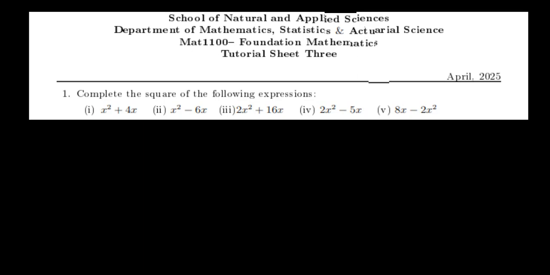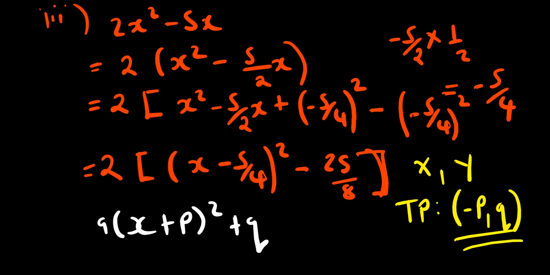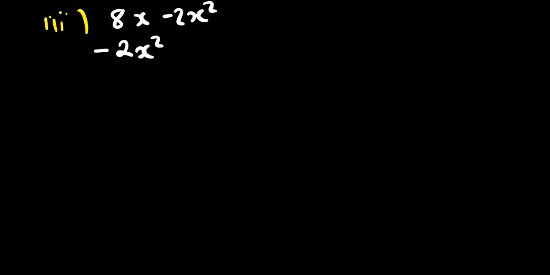8x minus 2x squared. Let's just solve that. Our question is 8x minus 2x squared. What are we going to do? Let's first rearrange it in a normal form, which is negative 2x squared plus 8x.